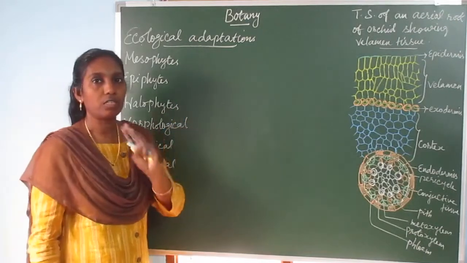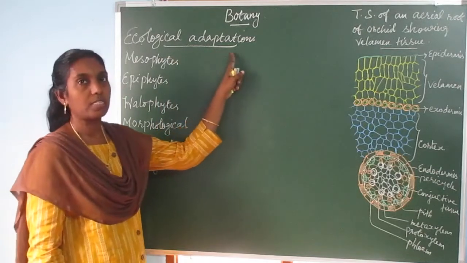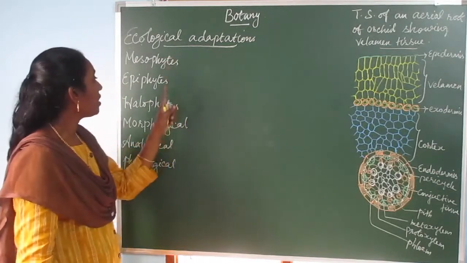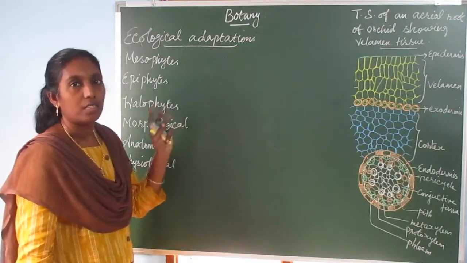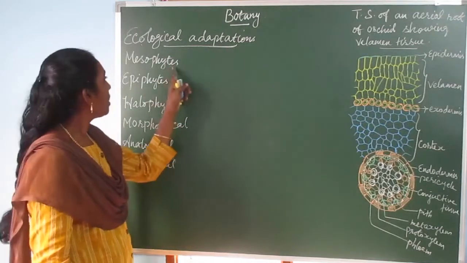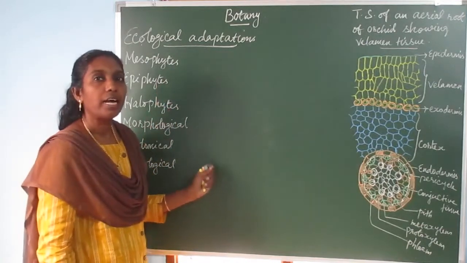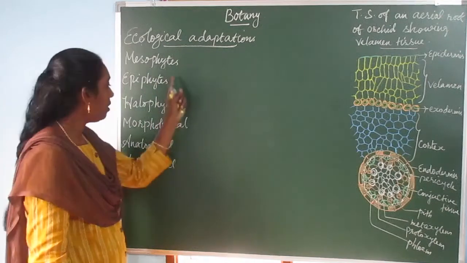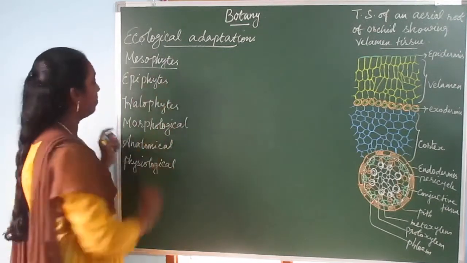Today we are going to learn 3 questions. They are the ecological adaptations seen in mesophytes, epiphytes and halophytes. What are the adaptations observed in various plants? First one is mesophyte.